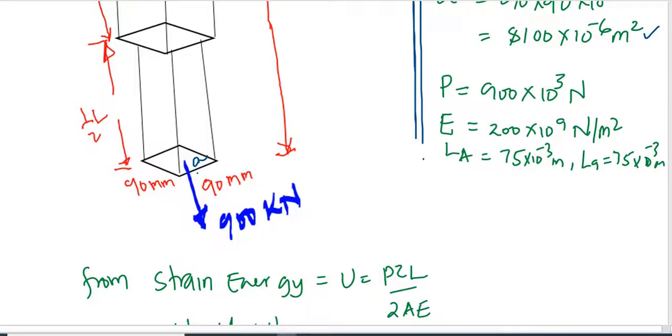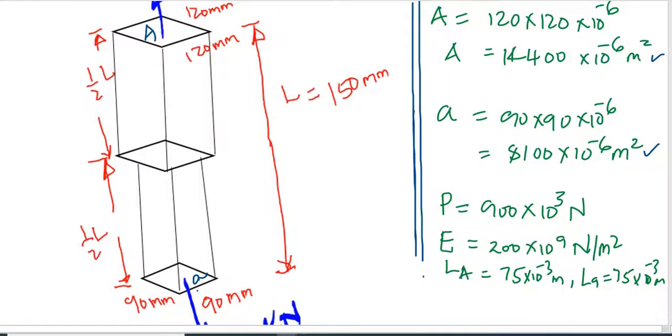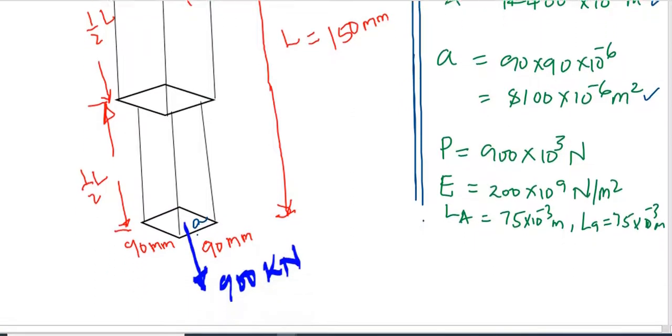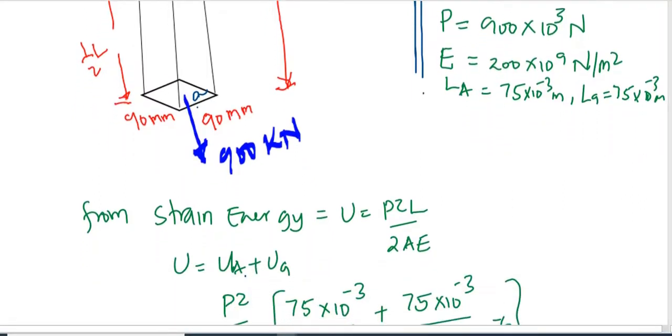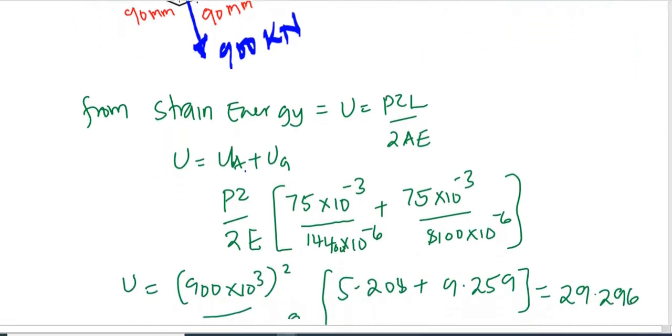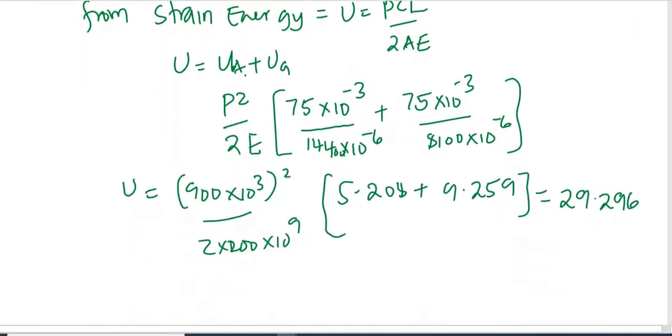The total length is 150, so 150 divided by 2 is halfway for one section and halfway for the other. The length of the bigger section is 75 times 10 to the power negative 3 meters, and the small section is also 75 times 10 to the power negative 3 meters. Now our task is to calculate the strain energy as a result of that loading.